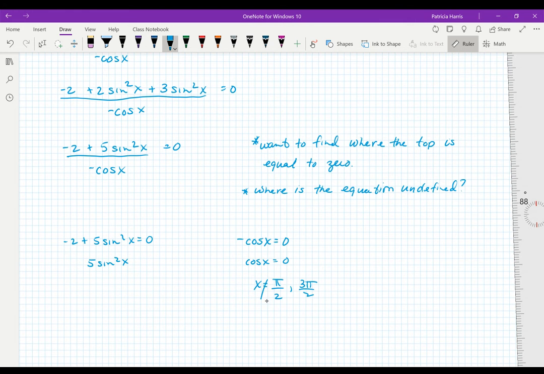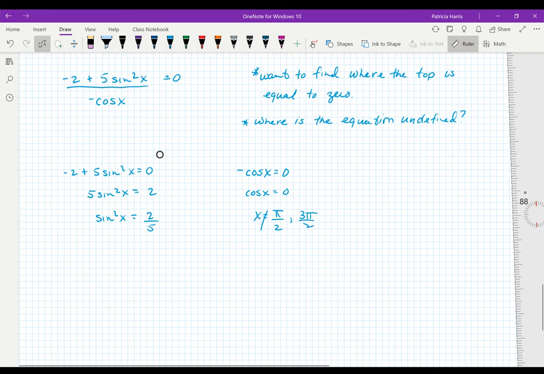Add the 2 to both sides. Divide by 5. Okay, now you're going to do something weird. You're going to take the square root. Okay, so when you take the square root, you actually get two things.